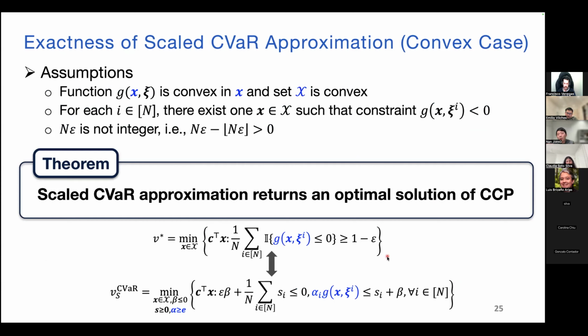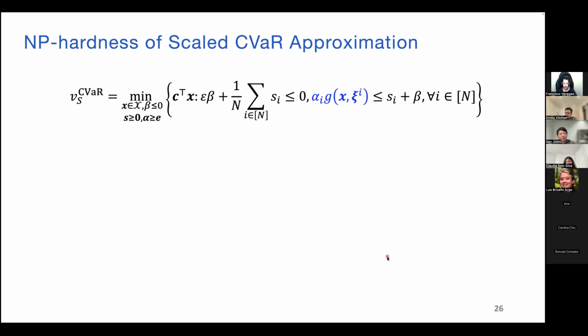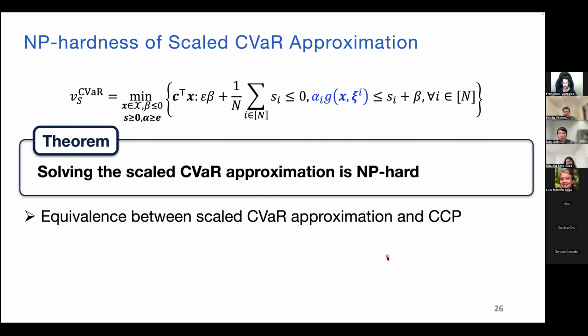Right now you may wonder, this problem has the alpha here, so it seems very hard to solve. We also show that this problem is NP hard for the scaled CVaR, because it corresponds to the original chance constrained programs.